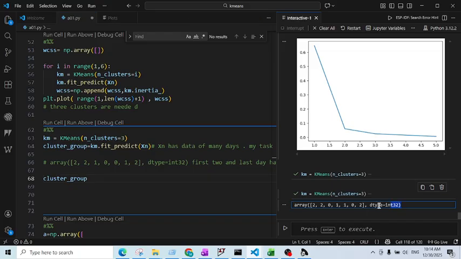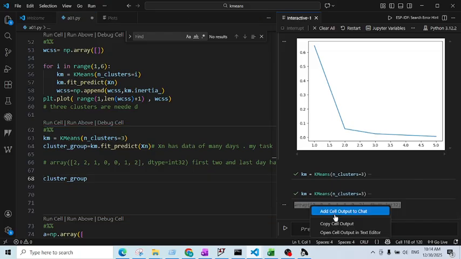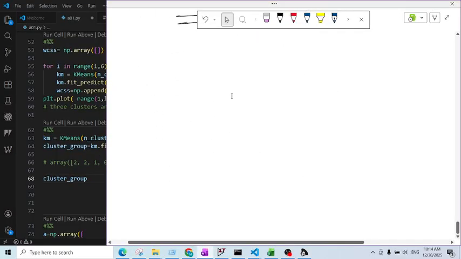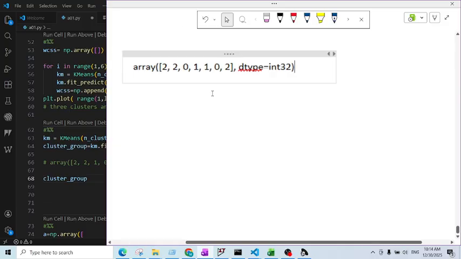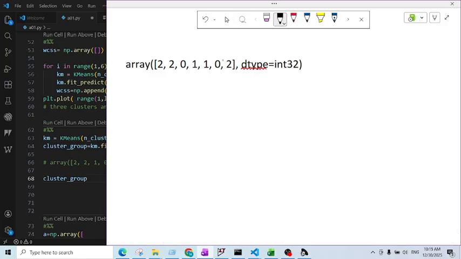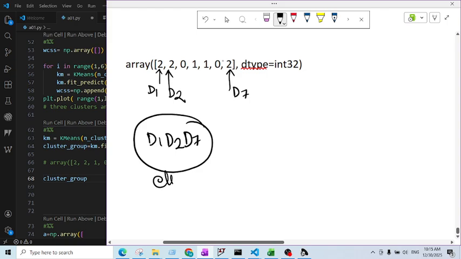Let's talk about this output. Let me copy this and paste it here. So what this actually means is, this is day 1, this is day 2, and this is day 7. These day 1, day 2 and day 7 are called cluster 2.